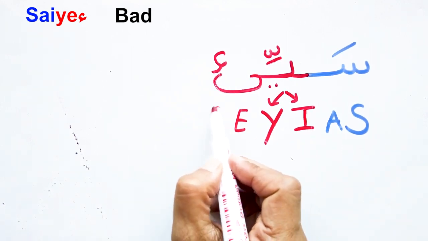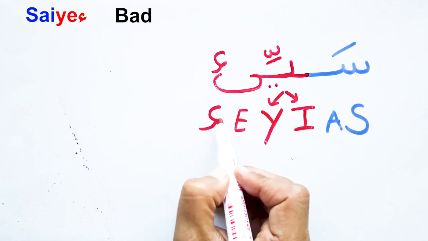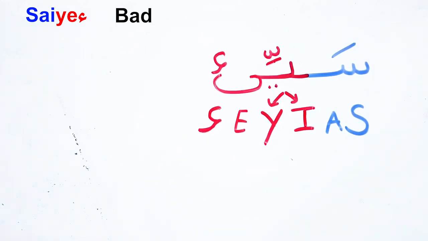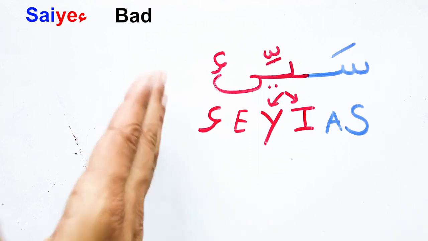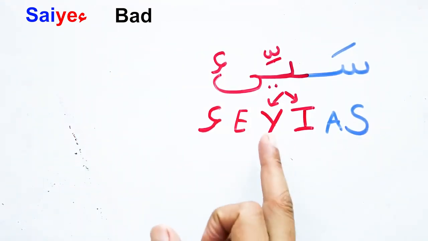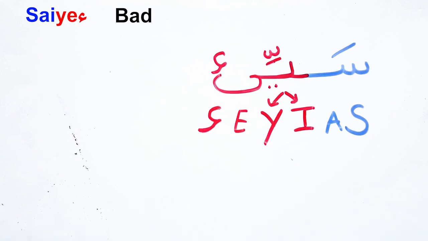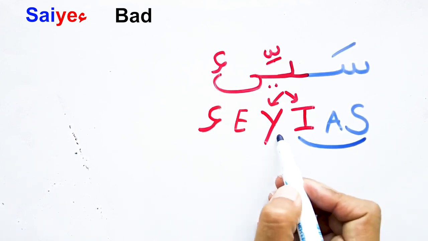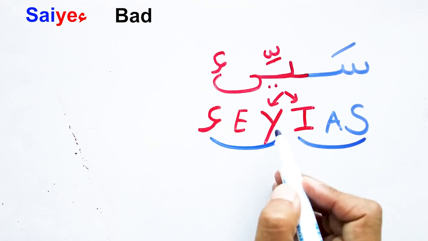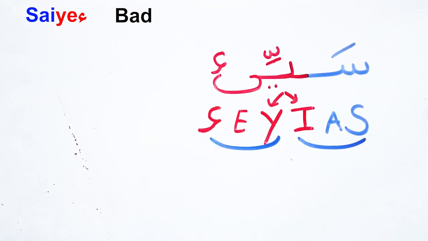So I'm gonna add it as hamza here because we don't have, I don't remember now, if there is any word in English that ends with it, but I don't think so. This is something of Arabic. سيء. The first syllable is say and the second syllable is y. سيء.